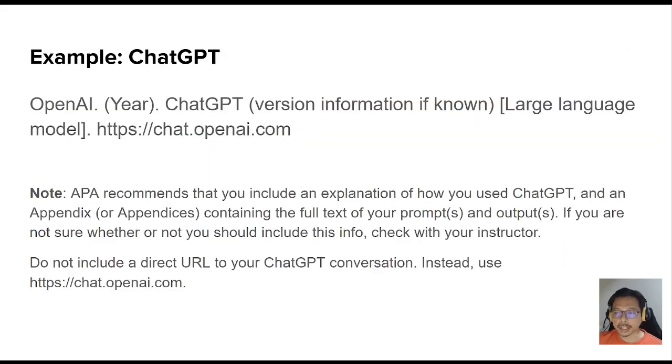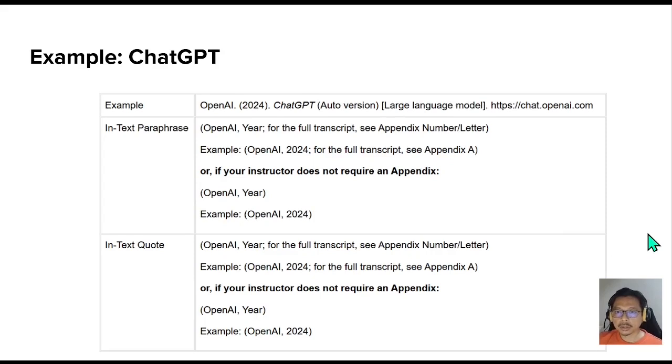If you use ChatGPT for anything, and then you want to cite it, you can use this kind of format, and this follows the APA 7 style. Okay, I'll show an example. So for example, for an in-text paraphrase, in the text, you can mention it like that. Again, this is only following the APA citation format.